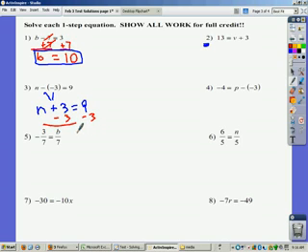What's left? So I'm writing a little too big. What's left on that side is just n. You know what? I'm gonna back up, and I'm gonna make this a little bit better so you can see. All right. Okay. These two signs became plus. So this is really n plus 3 equals 9.